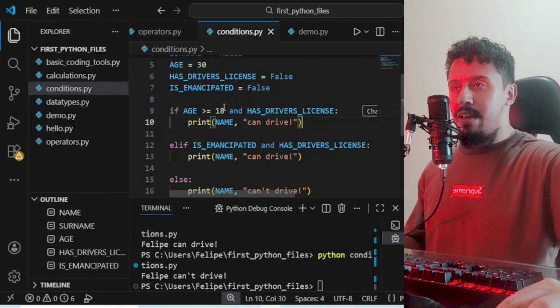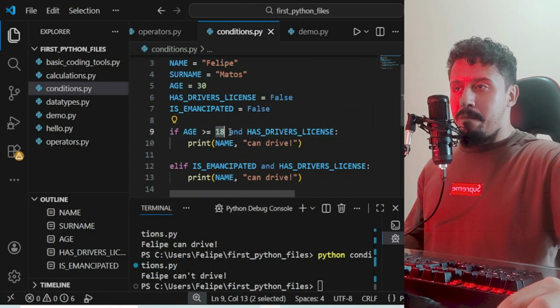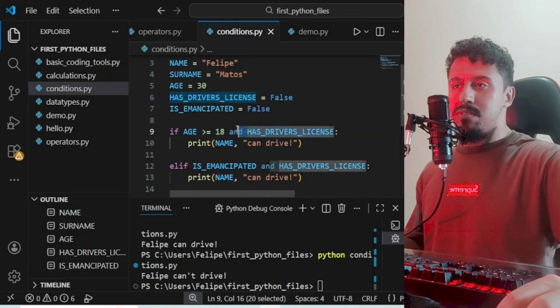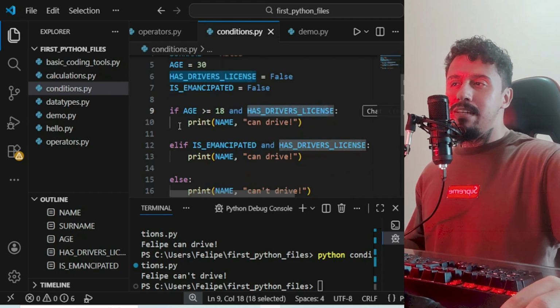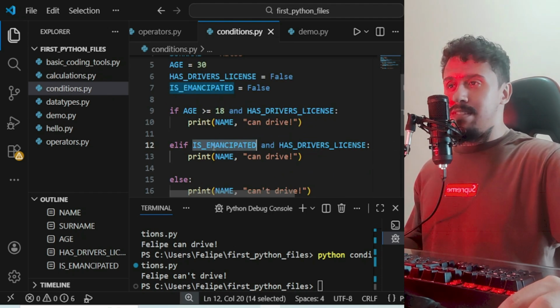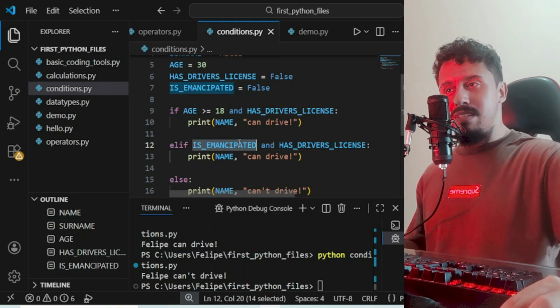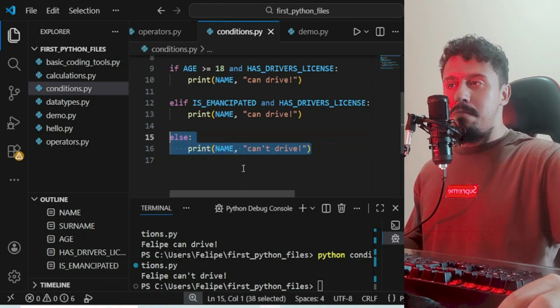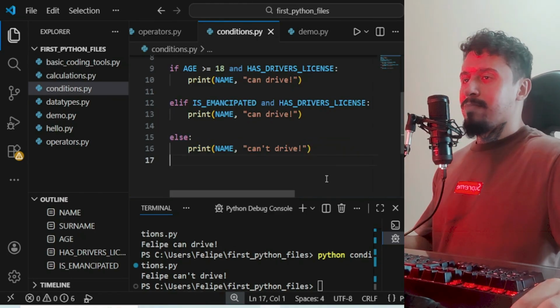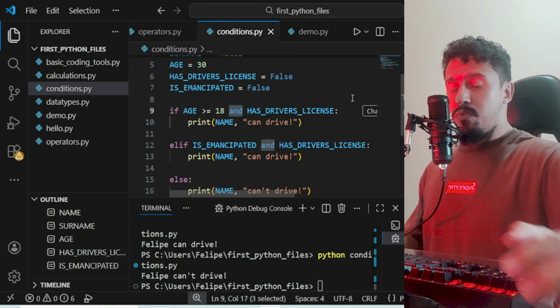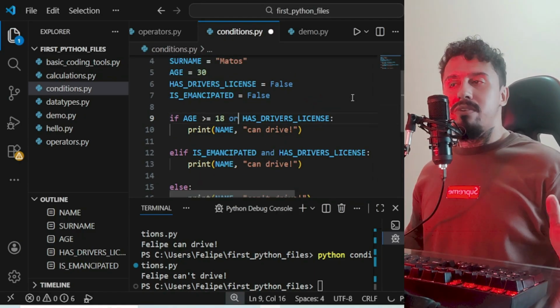In this case, this is false. This is true, but this is false. So it immediately evaluates this and sees that this is true, but this is false. So it goes to the else block. Alright? Pretty simple, but you can also do it with the OR logical operator.